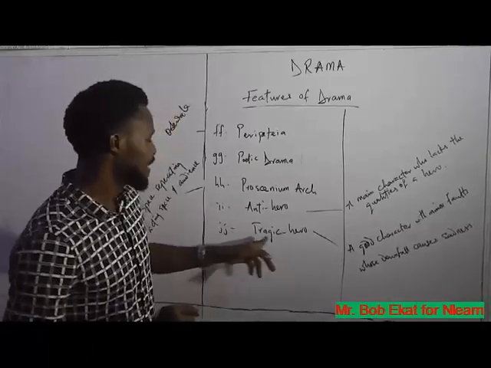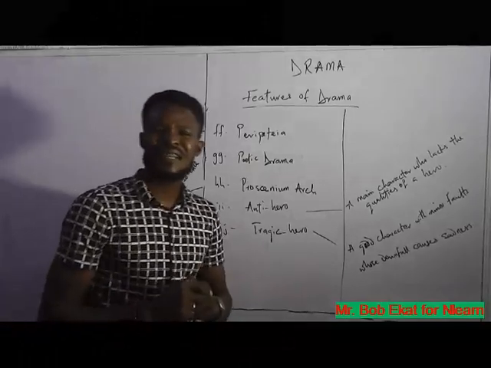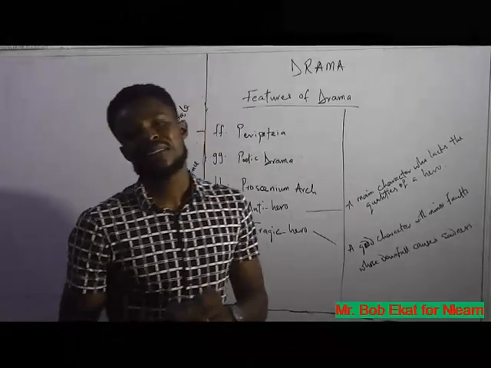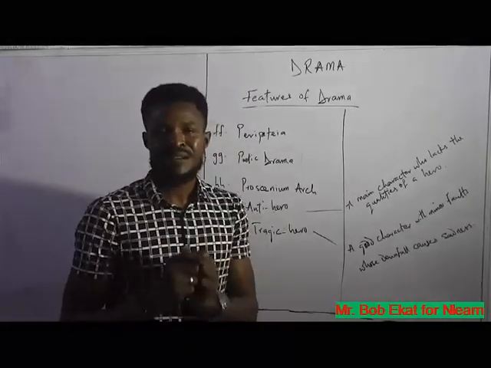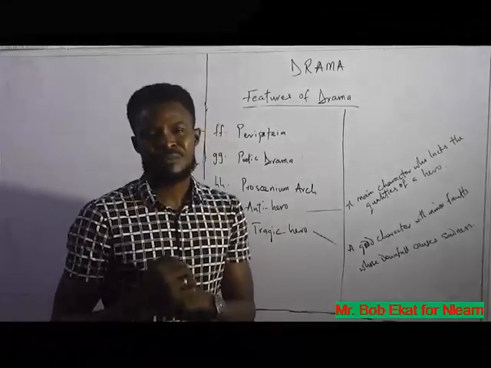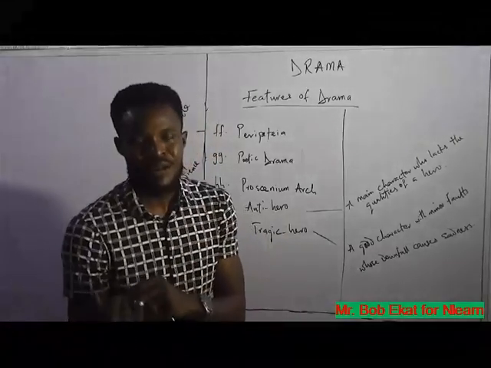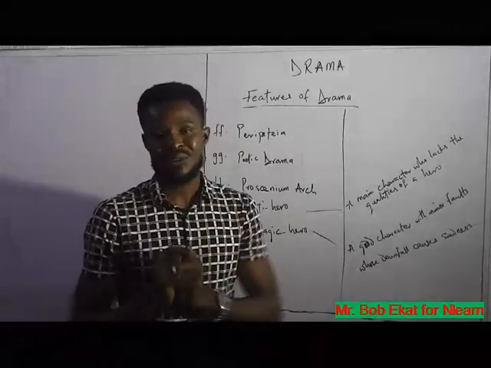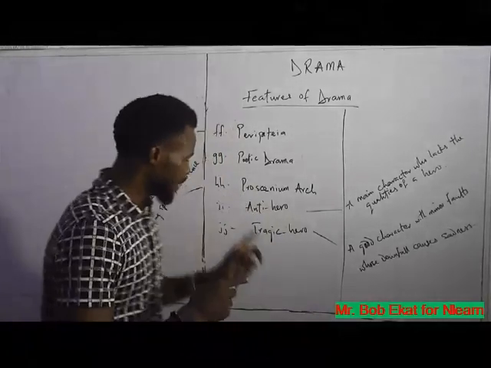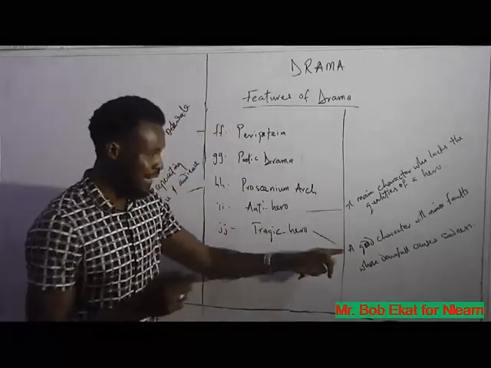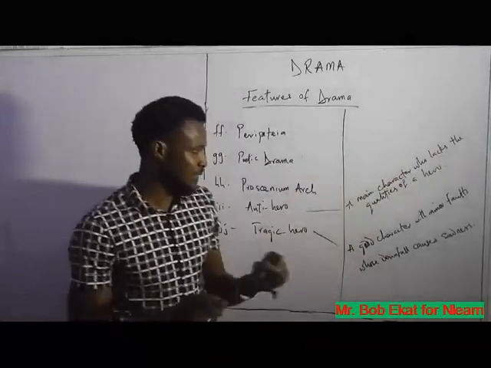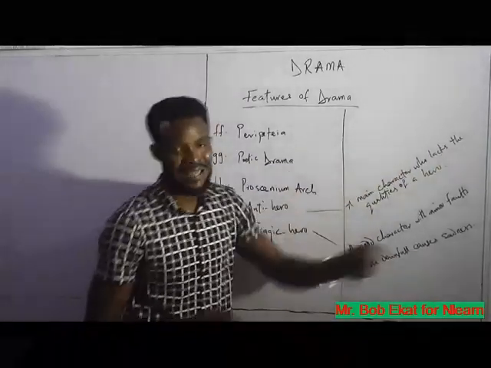The next is tragic hero. A tragic hero is a good character who has a minor flaw and who is brought down by that flaw, and so there is sadness. Remember, this is a good character with minor faults whose downfall causes sadness.